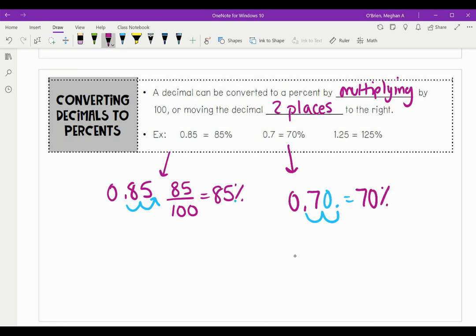And then sometimes we can have percents over 100. So in the decimal 1 and 25 hundredths, if I move the decimal over twice to the right because I'm multiplying by 100, that would equal 125%. Okay, that's converting decimals to percents.